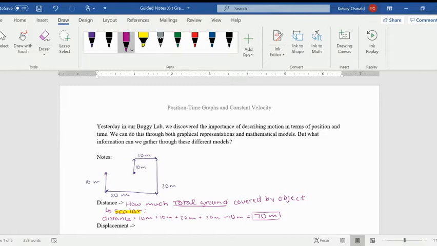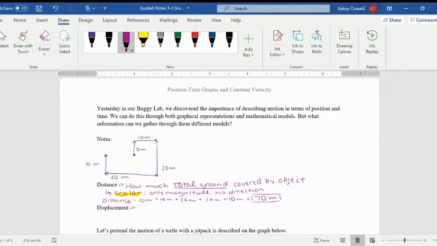It just has a value, but it does not include direction. So only magnitude, so only the value of a variable and no direction. So we're not going to include any positives or negatives when we are looking at this. We're going to treat everything as one sign.